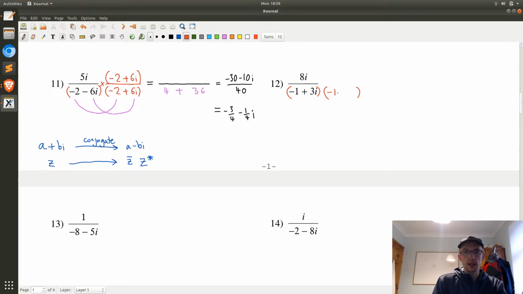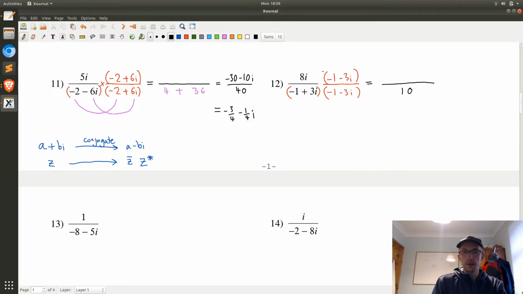Here we'll have -1 take 3i. And on the top, exactly the same. And so expand out on the bottom. So we have 1 plus 9, so 10.